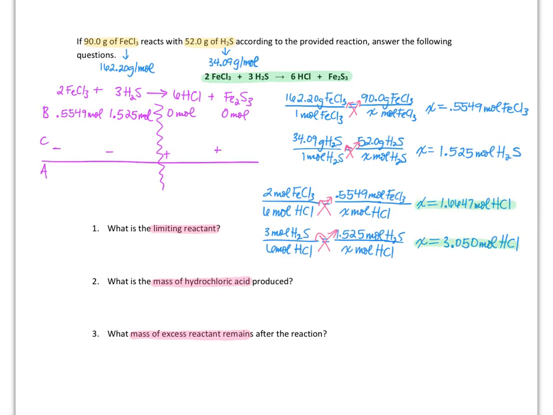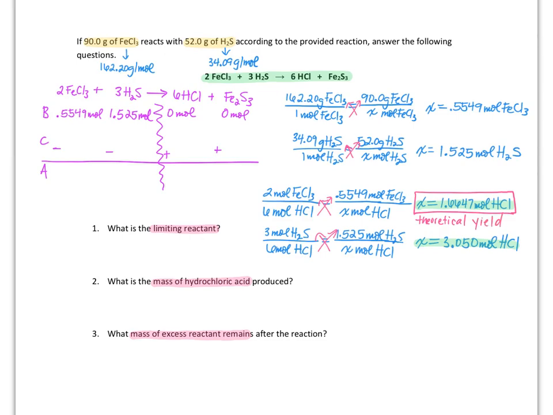So what we want to do is look at these two numbers, and the smaller value is going to be the amount that is actually going to be produced. Okay, so that's going to be our 1.6647 moles. This is our theoretical yield, and this is in moles, obviously.